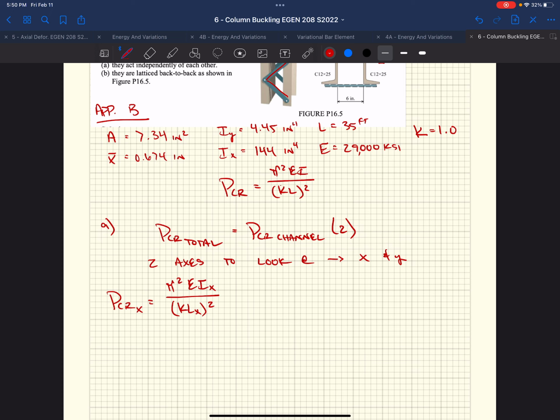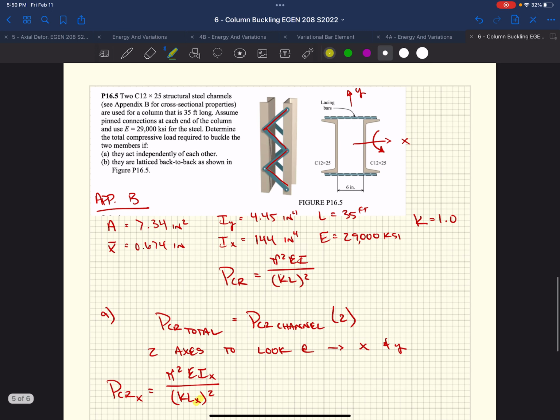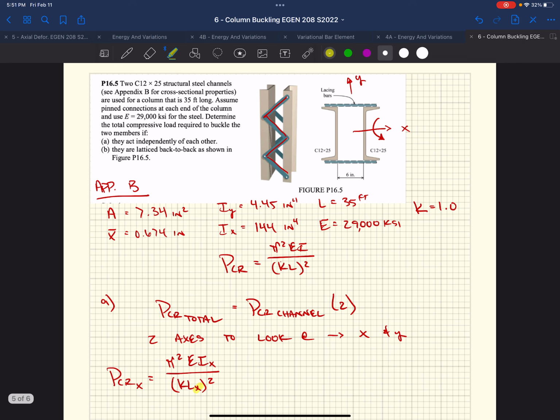Well, why do I denote KLX? Okay. Well, the reason why I denote KLX is the fact that, in the real world, there's a lot of complexities, a lot of different design considerations, constraints and requirements, such that we might not just have these two columns that span 35 feet and nothing touches these columns in that entire span.